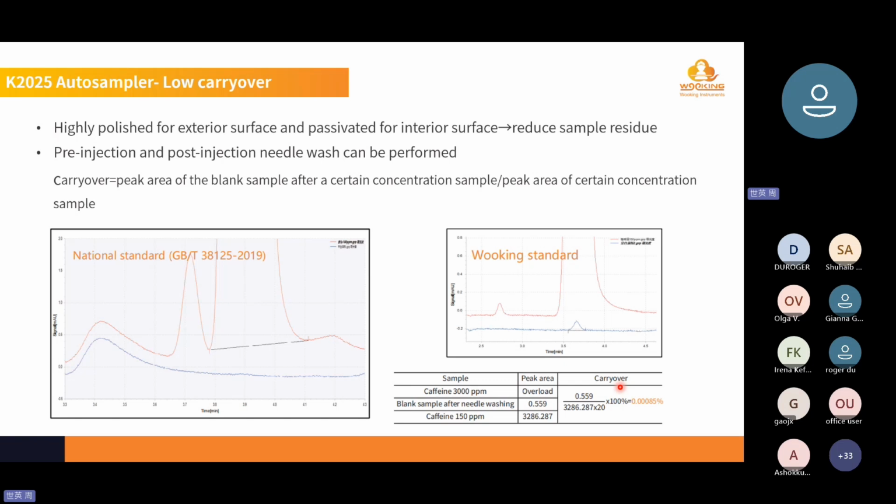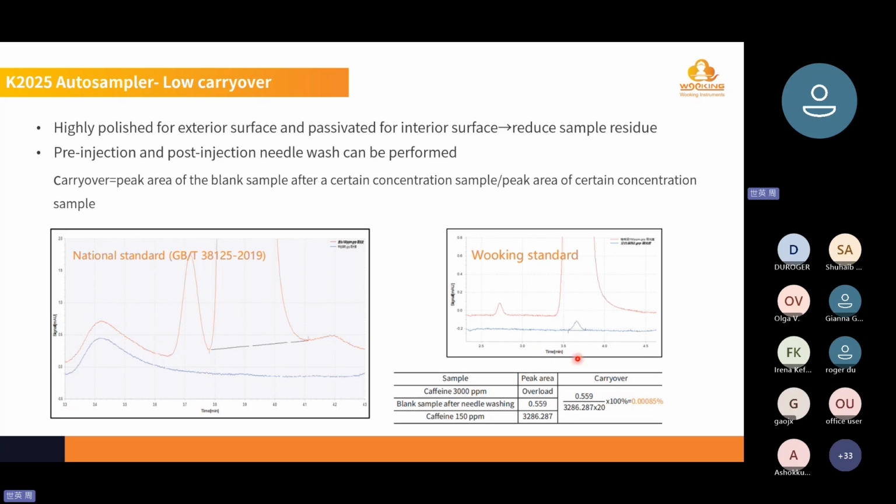As for carryover, the exterior surface of the needle is highly polished and the interior is passivated, which can effectively reduce the sample residue and cooperates with needle washing before and after injection to ensure an extremely low carryover. And we also did a test.